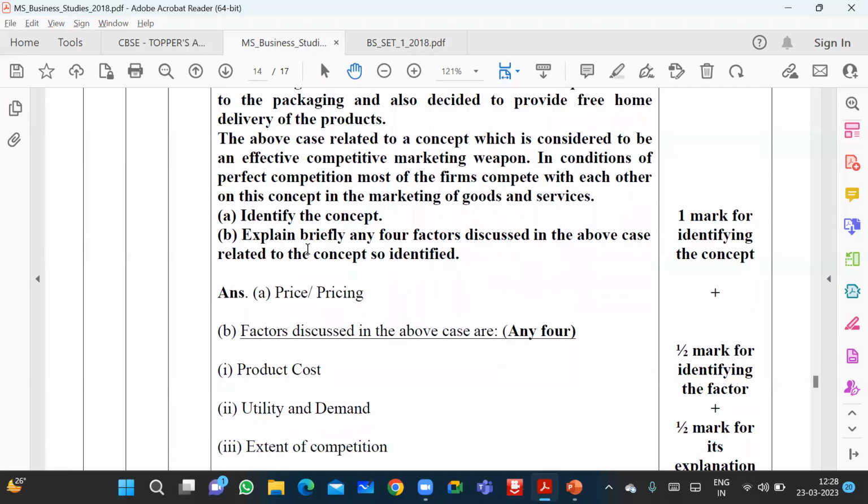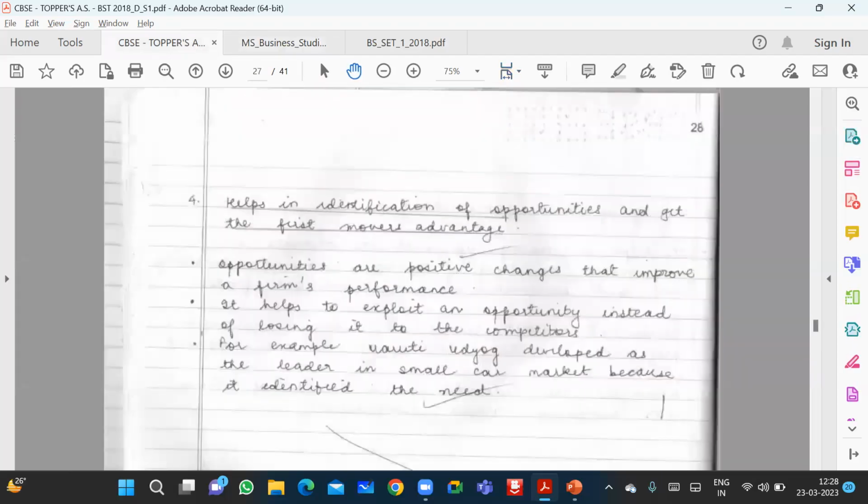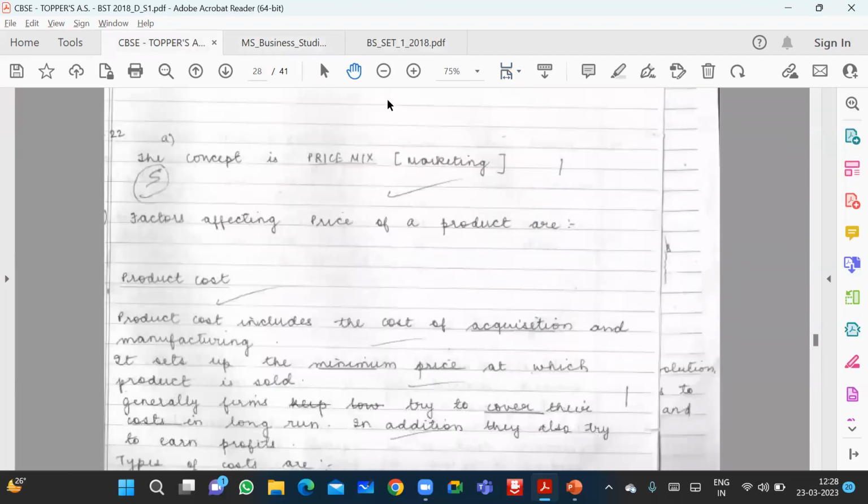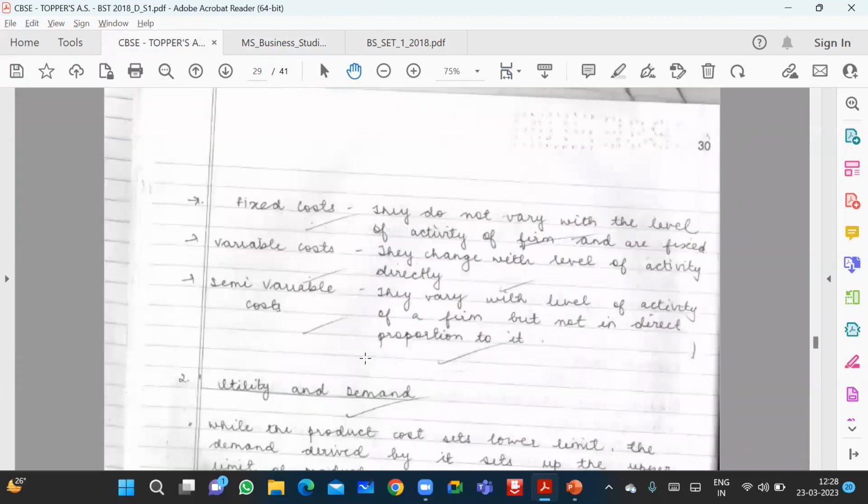Here you will find half mark for heading and half mark for the explanation, the same pattern as we have discussed. So let's see how the student has given the answer. Here, the student has written the concept is price mix, and the student has given the 4 factors. So this way you can see the student has given the answer in good detail.